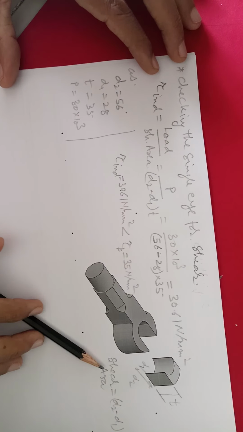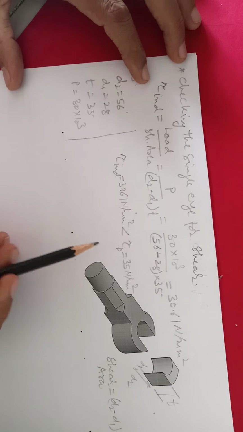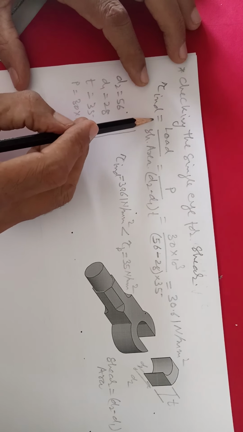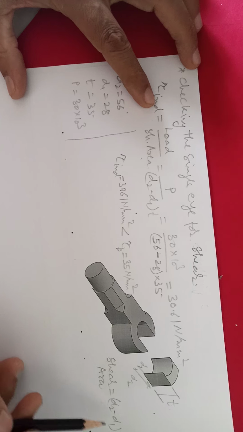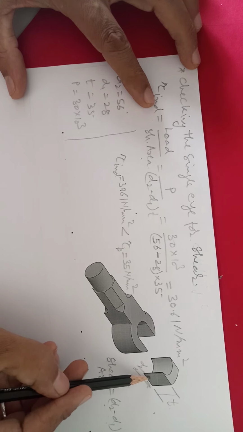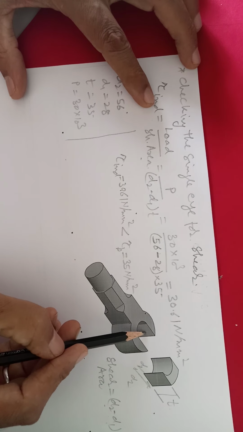Now checking the single eye for shear, we will form the strength equation. Tau induced is equal to load upon shear area. The shear area is given by d2 minus d1. This area is r2 minus r1 into t, and this area is r2 minus r1 into t.